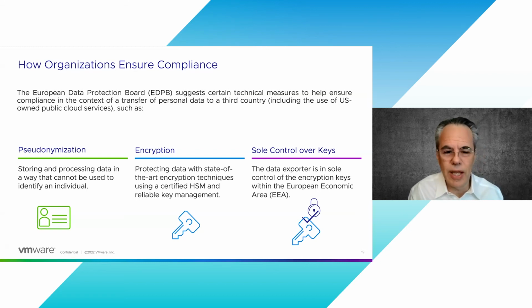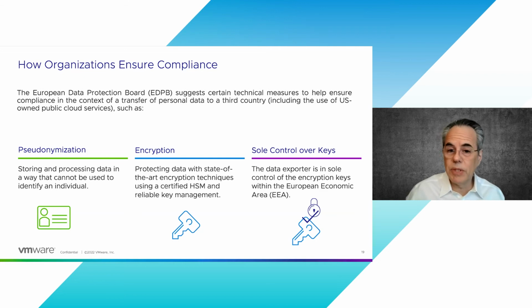But to just boil it down to a few key principles, the first one is really pseudonymization. And this has to do with storing and processing data in a way that cannot be used to access a personally identifiable attributes of an individual. So it could be geolocation data, it could be behavioral targeting data, anything like that.